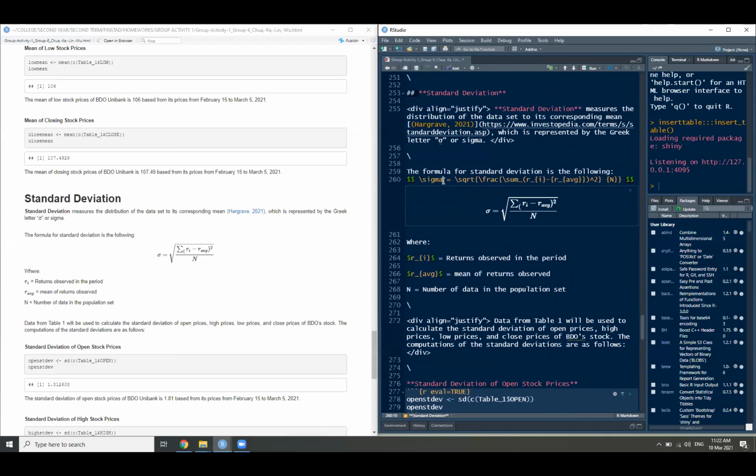You spell it out. Then if you need a square root, SQRT. Since you want to put a fraction inside the square root, you need brackets like parentheses. Then how did you put the subscript?